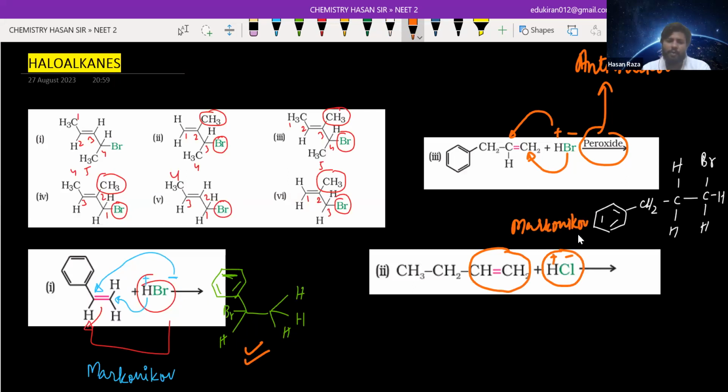I think you can do this. Whenever you are going to do any type of question, you should first recognize the type of reaction. So it will be CH3, CH2. This negative will go to this, so it will be CH and then Cl, and then this becomes CH3. Isn't it easy? Very easy, right? Yes, sir. Okay, I'm going to give you again a question from NCERT in text, and I hope you can do this.